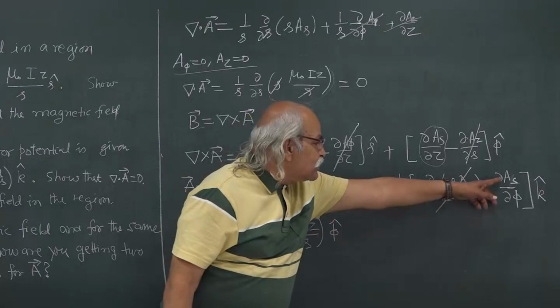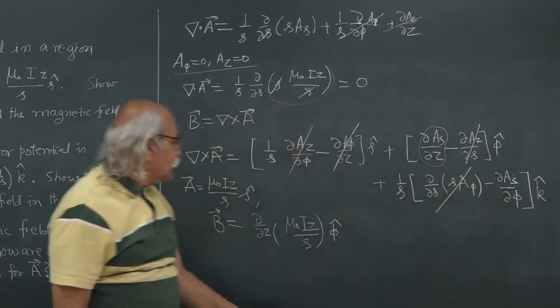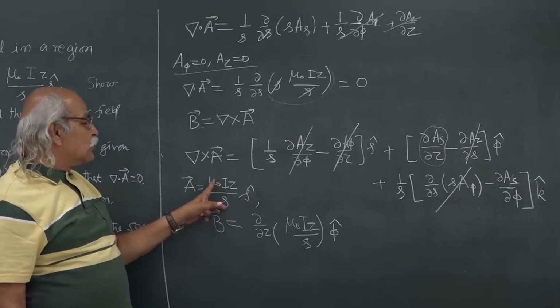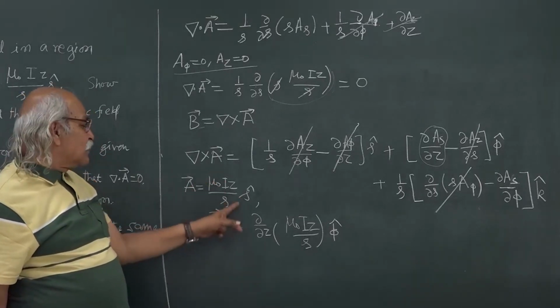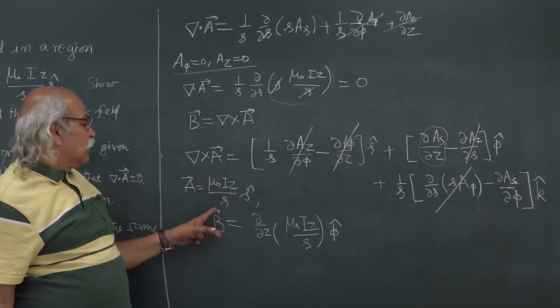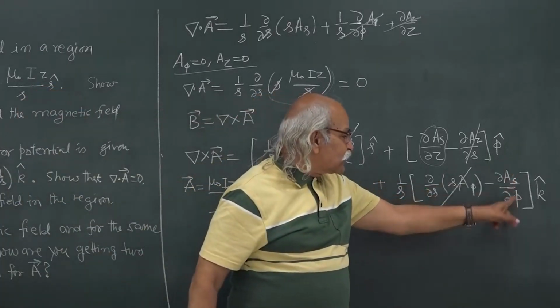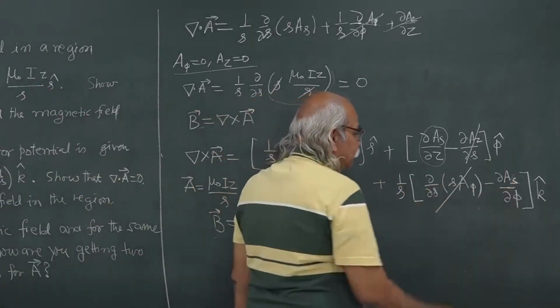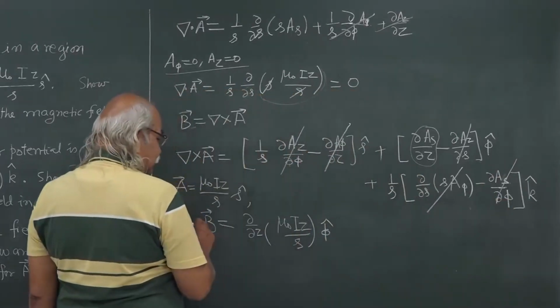So, differentiate AS with respect to phi, and AS does not contain phi. So, differentiation with respect to phi is 0. Although AS is not 0, differentiation with respect to phi is 0, and so this is also gone. So, that is it. This is the magnetic field.